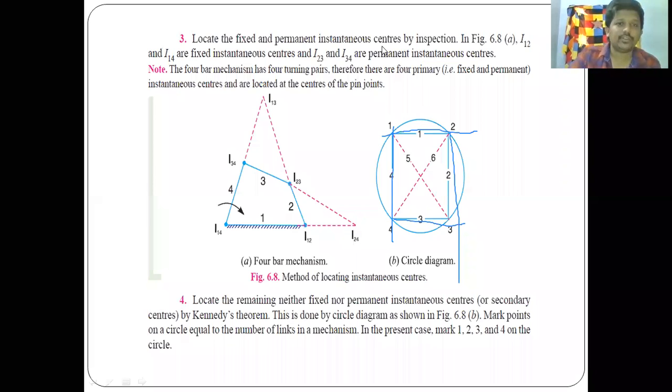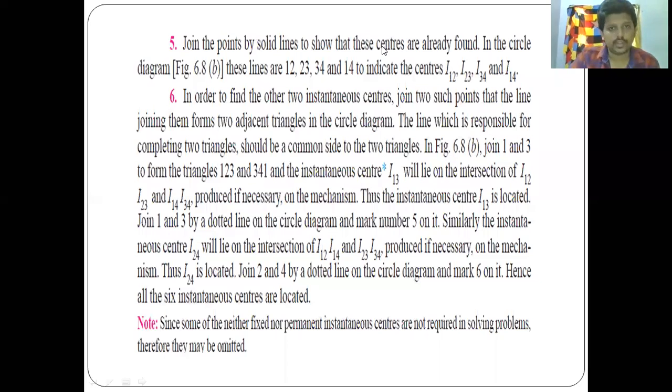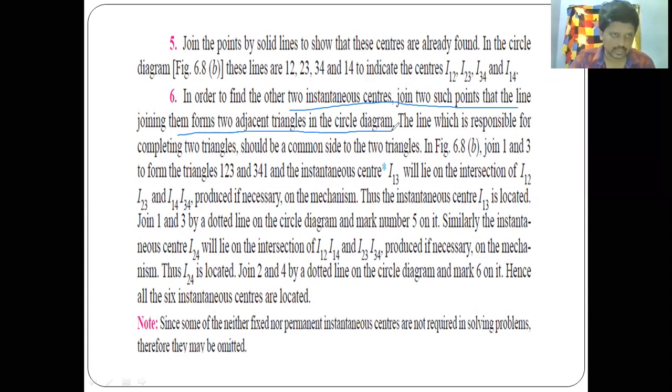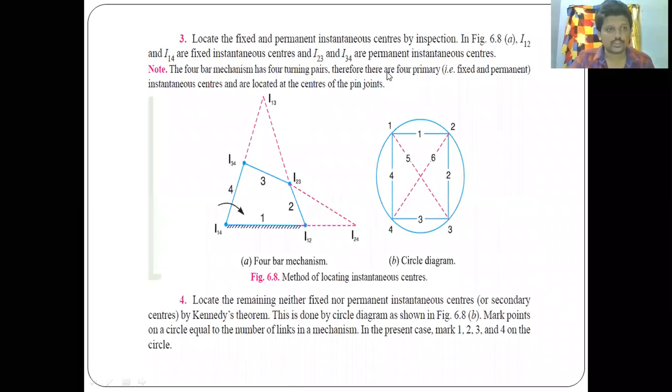The next point is, in order to find the other two instantaneous centers, join two such points that the lines joining them form two adjacent triangles in the circular diagram. Means we should combine two other centers so that it forms two triangles there.